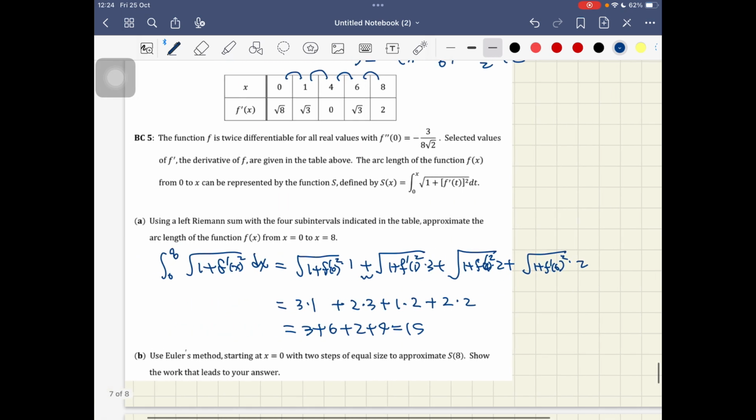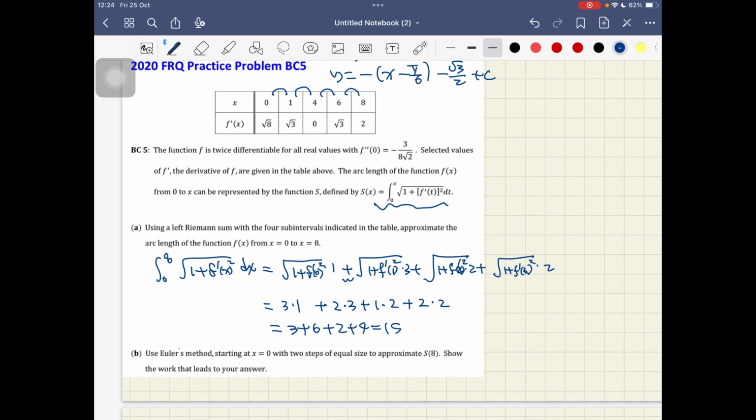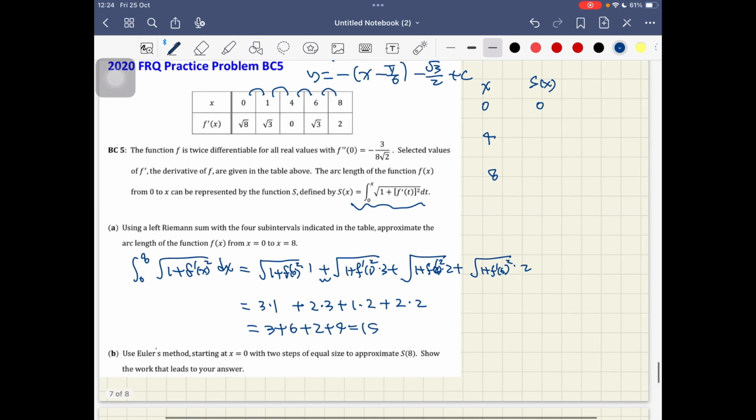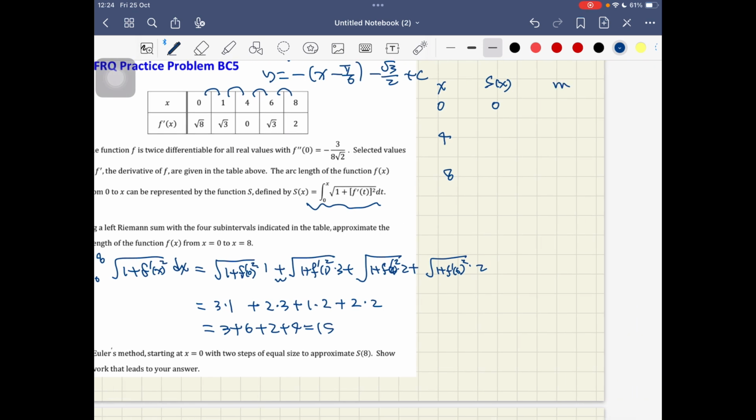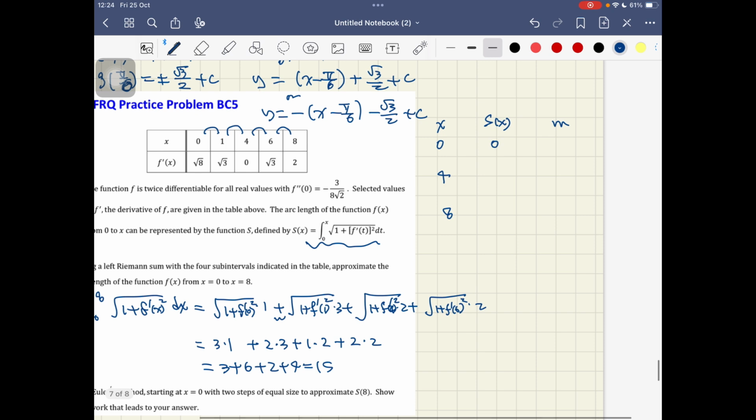Euler's method, S of 8. We need to estimate S of 8. So here, 0 to 8 with 2 steps of 4. When x equals 0, y also 0. Here S of x, this is x, and let me make the slope here. So S prime of x is the square root of 1 plus f prime of x squared.